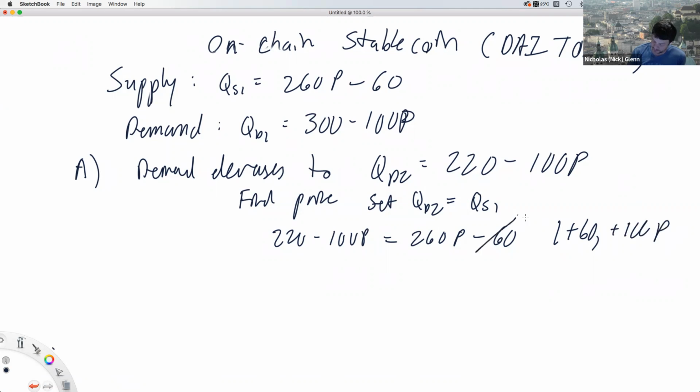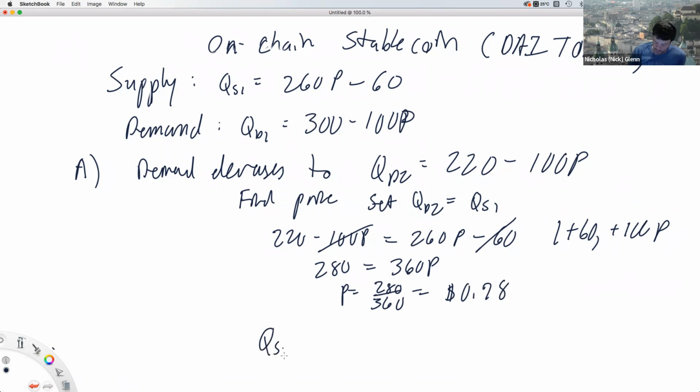Adding 60 eliminates it on the right, making this 280. Adding 100p eliminates it on the left and adds 100p to 260, so we have 360p. So the price is going to be 280 over 360, which gives approximately 78 cents. That's the new price.